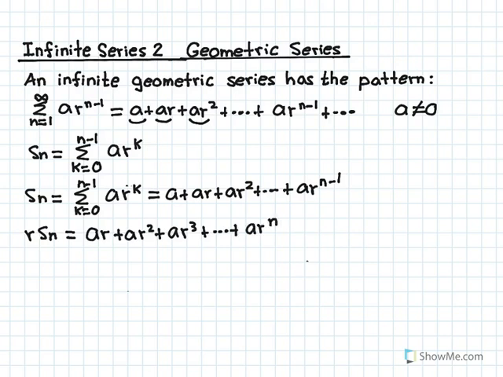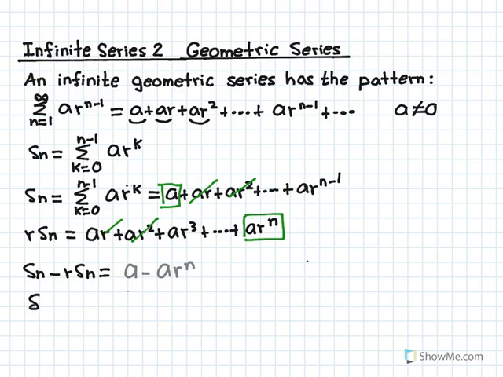Now subtract r Sn from Sn, and we get Sn minus r times Sn is equal to, if we subtract these, ar cancels with ar, ar squared minus ar squared is 0, and all that's left is the first term of Sn and the last term of r Sn, which is ar to the n. So we get a minus ar to the n.